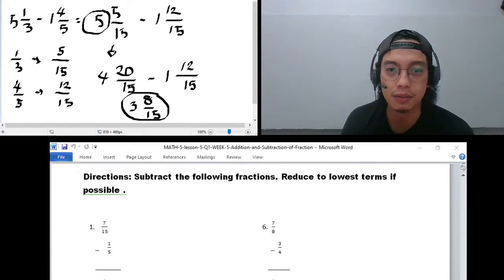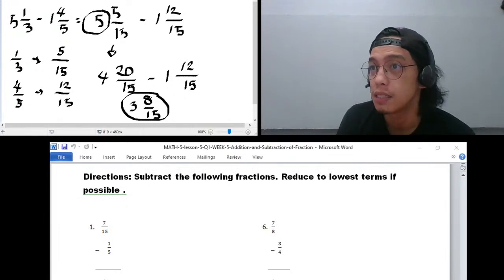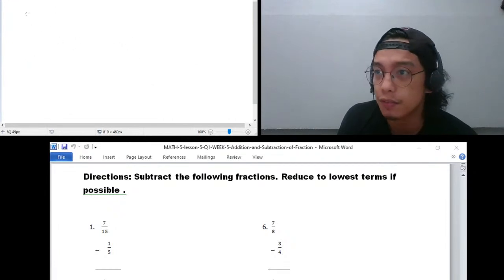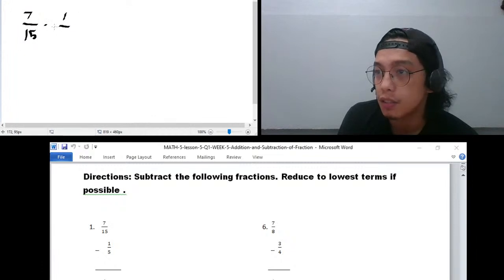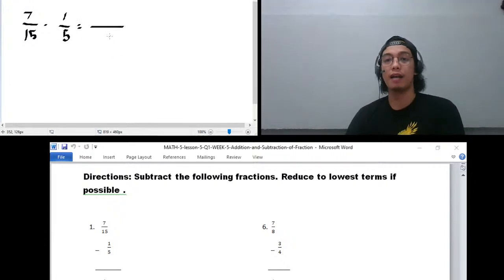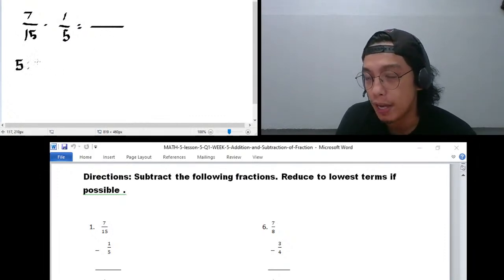Subtract the fractions, reduce to lowest terms if possible. Let's try these. Okay, that's 7 over 15 minus 1 over 5. So mga ano na gani, let's get the LCD. Ayan. So ang LCD sa 15 of 5 is 15. Ito ipagita ha. 5 plus 5, 10 plus 5, 15.